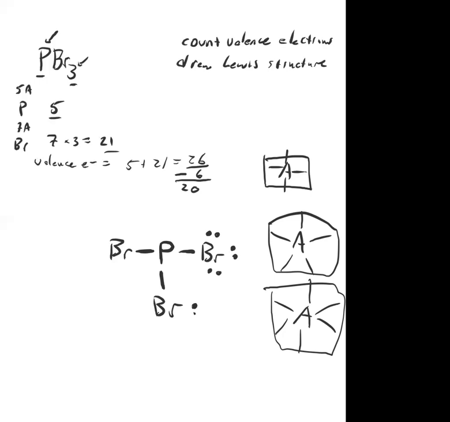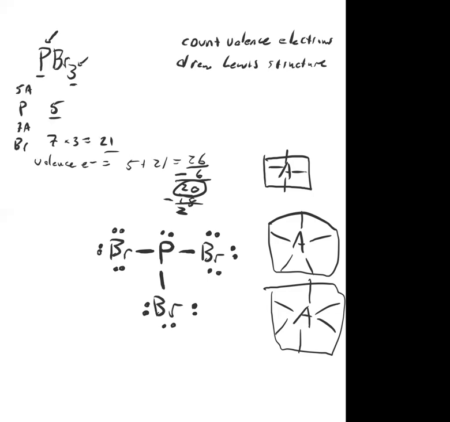That's 6, 12, 18. But I still have 2 more because I had 20. Where do they go? You put them on the central atom. If you have any more after you get the surrounding atoms up to 8, put that extra pair, or 2 pairs if you have 2, on the central atom.